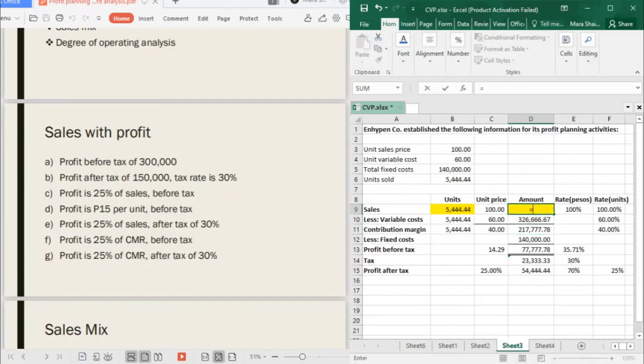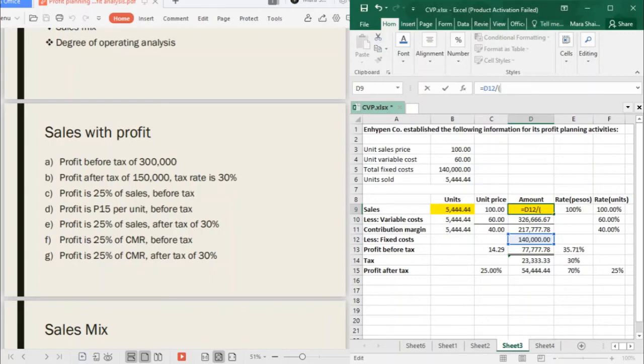Your NPR is your fixed cost divided by the... remember we are dealing with sales, so our basis for sales is, what do you call this, the contribution margin rate.